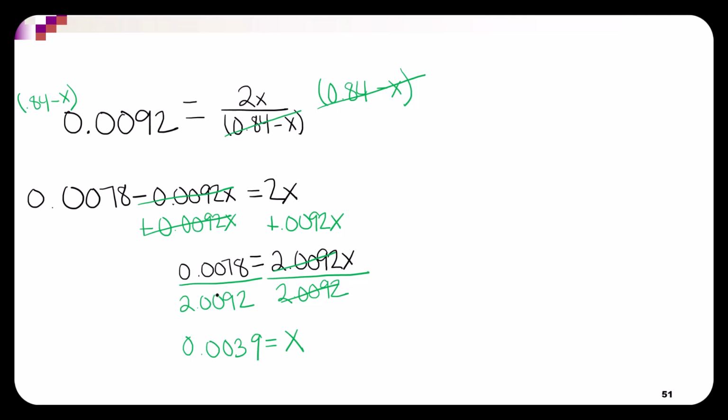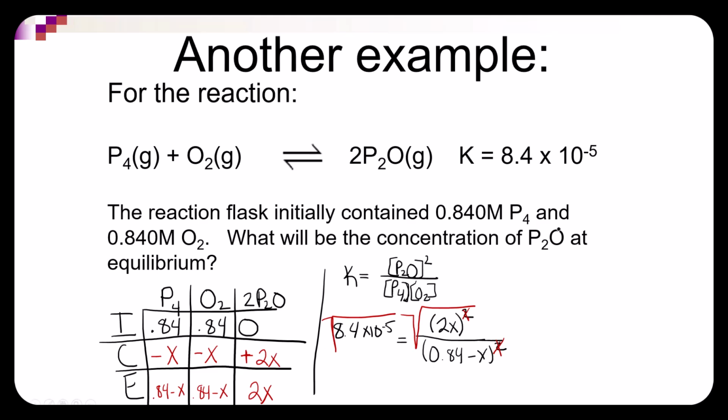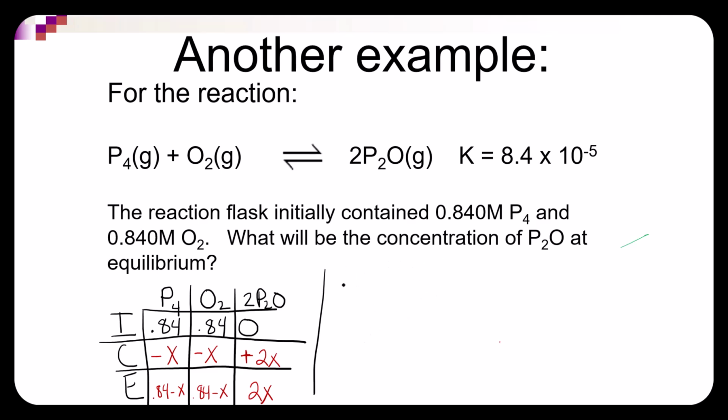We are not done with the problem. We have solved for x, yay! But we have not solved for what it is asking for. It is asking for the concentration of P2O at equilibrium. So it's asking for this right here. We decided that x equals 0.0039.